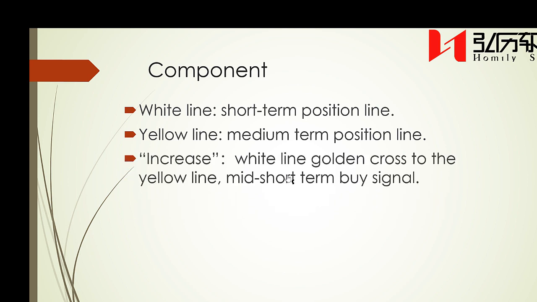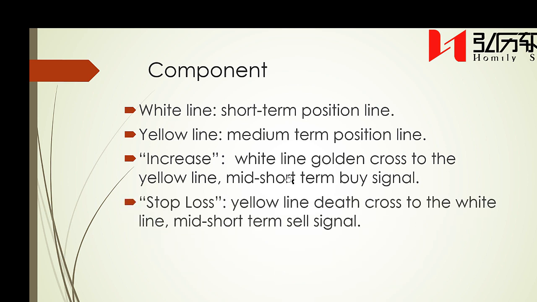And then when the white line golden crosses the yellow line, it will form a signal like this, an increase. When this signal appears, it means a mid-short-term buy point, a mid-short-term buy signal.